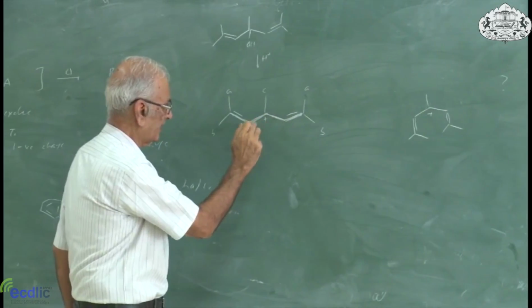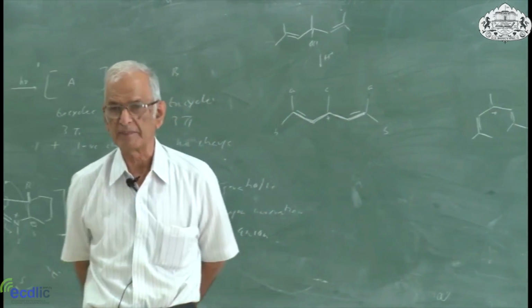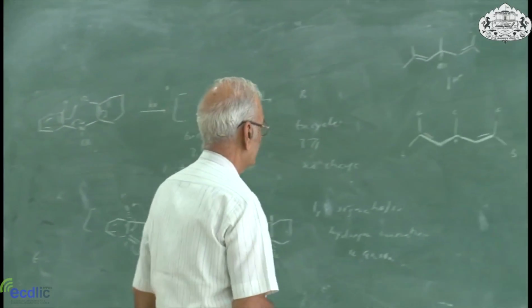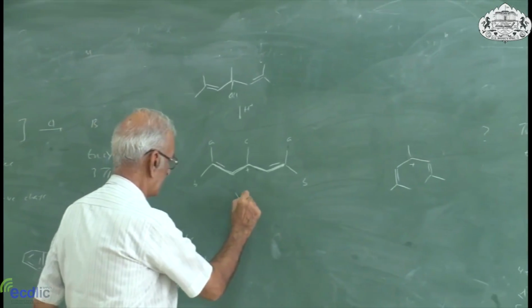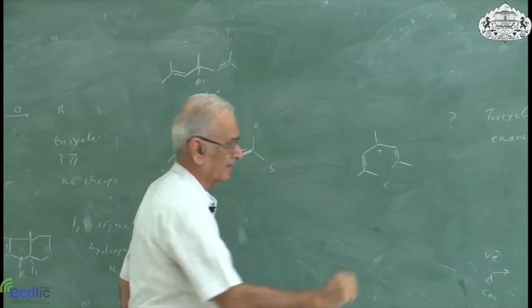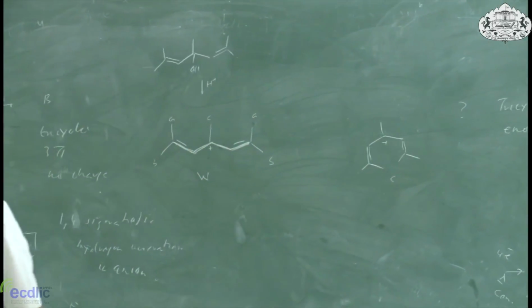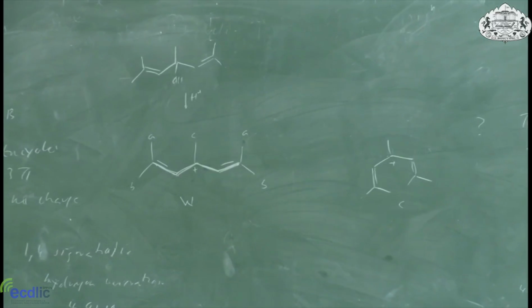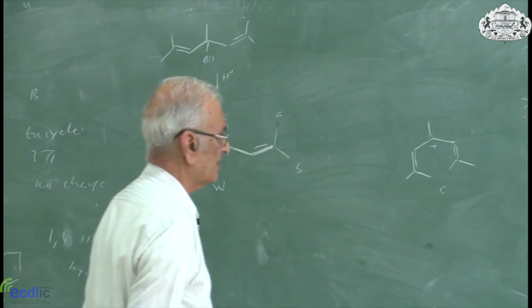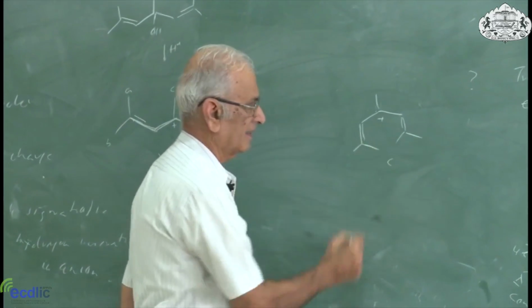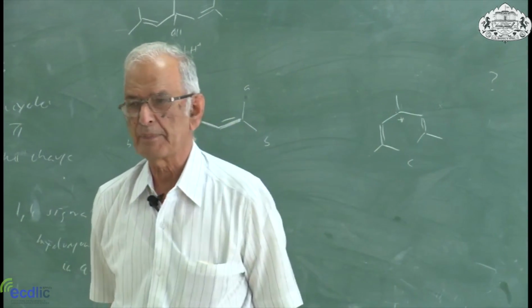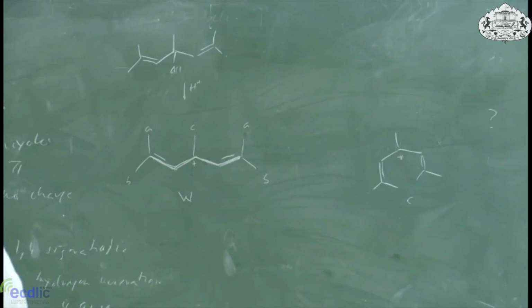Rotate around this single bond, rotate around this single bond. What have we done? We have converted W conformation into C conformation. W conformation has become C conformation. And what is this now? This is a pentadienyl cation.